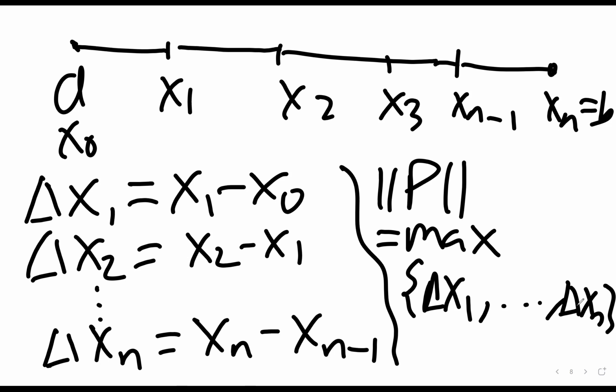So, yes? This is called the norm of the partition. It denotes the largest possible value of delta x1, delta x2, and delta xn. We choose the largest one. We denote this by the following.